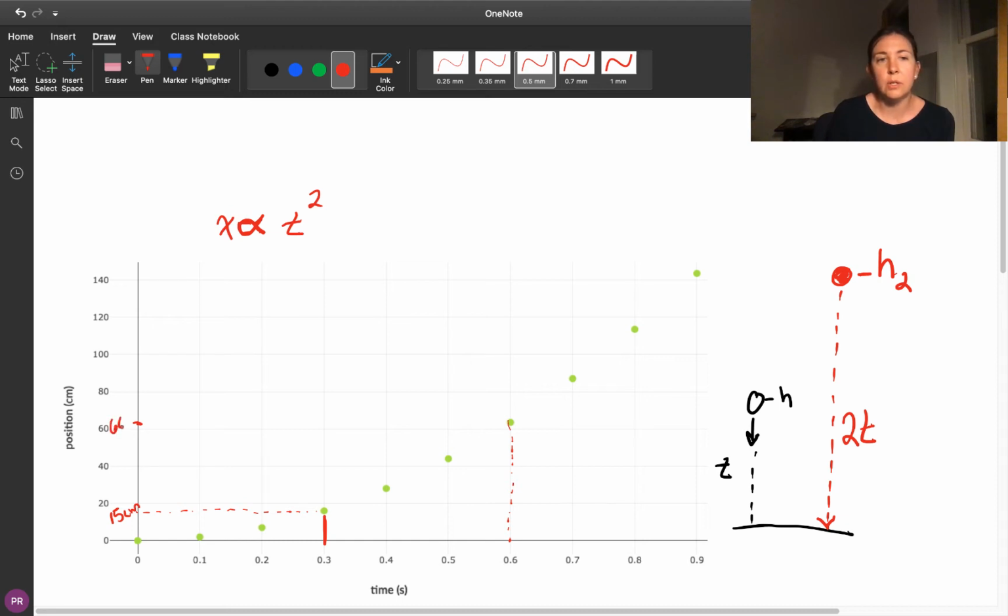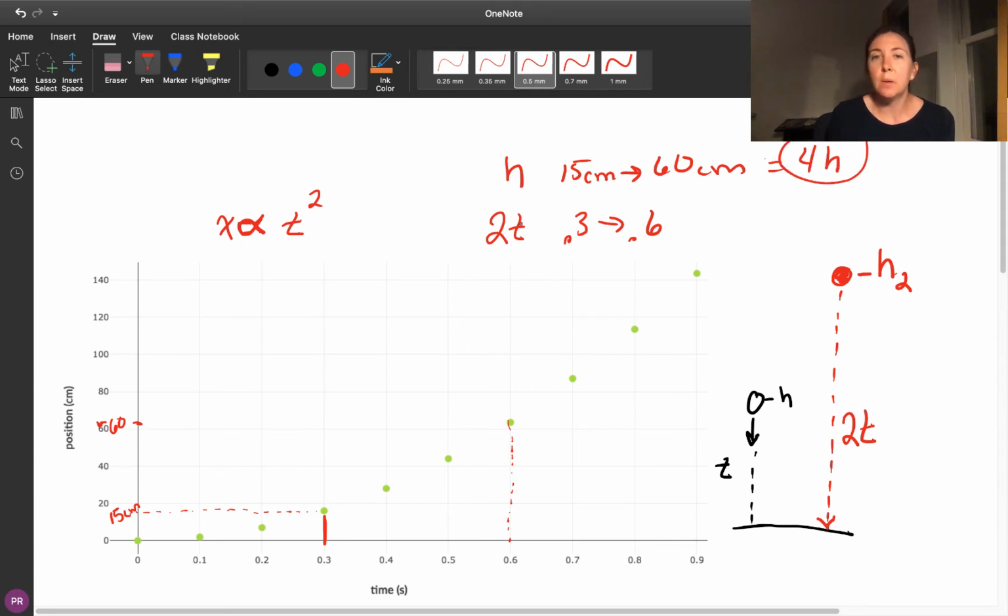Let's just call it 60 for the sake of things. So if I doubled the time from 0.3 to 0.6, the height went from 15 centimeters to 60 centimeters. So how did this height increase? Well, 15 to 60 is 4 times.